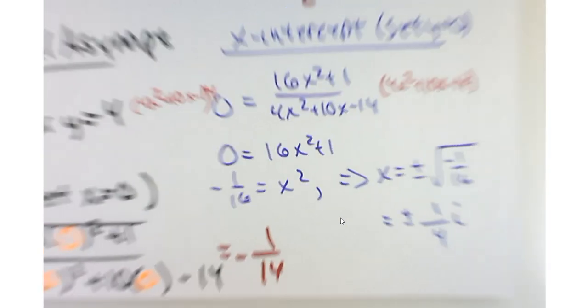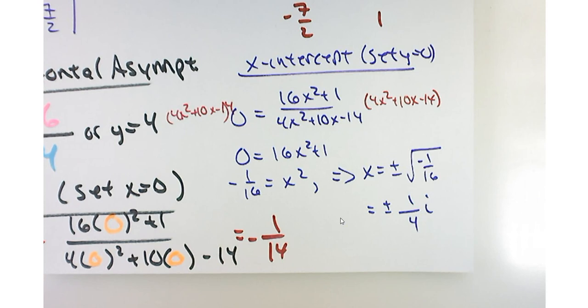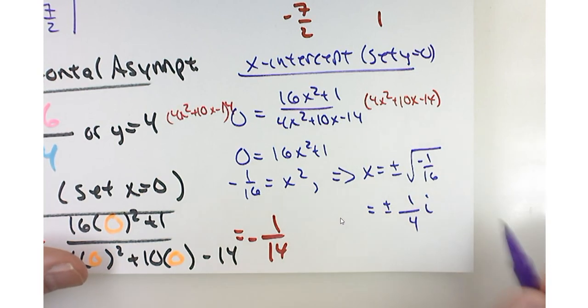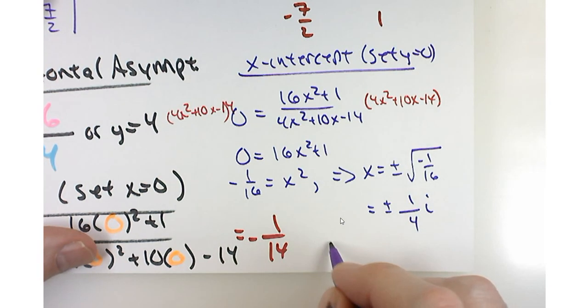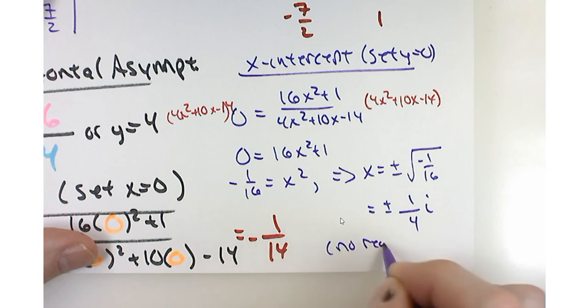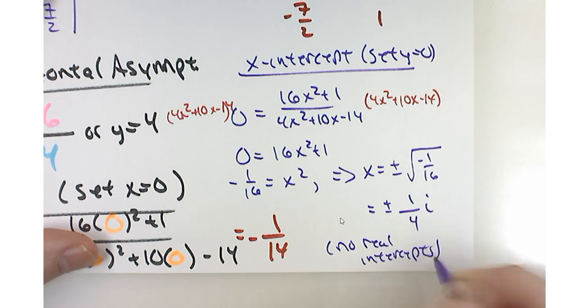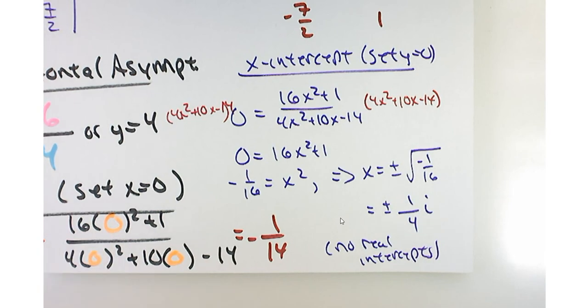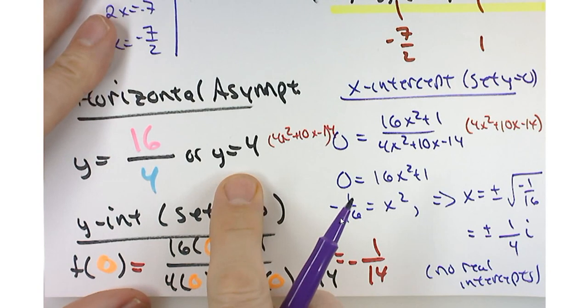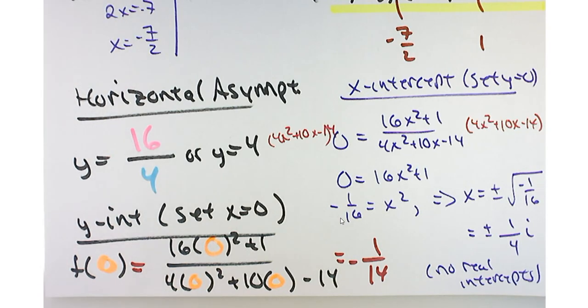Let's put all this together with the graph. We've got a lot of features of the graph, so no real intercepts. We've got a horizontal asymptote at y equals 4. That's cool.